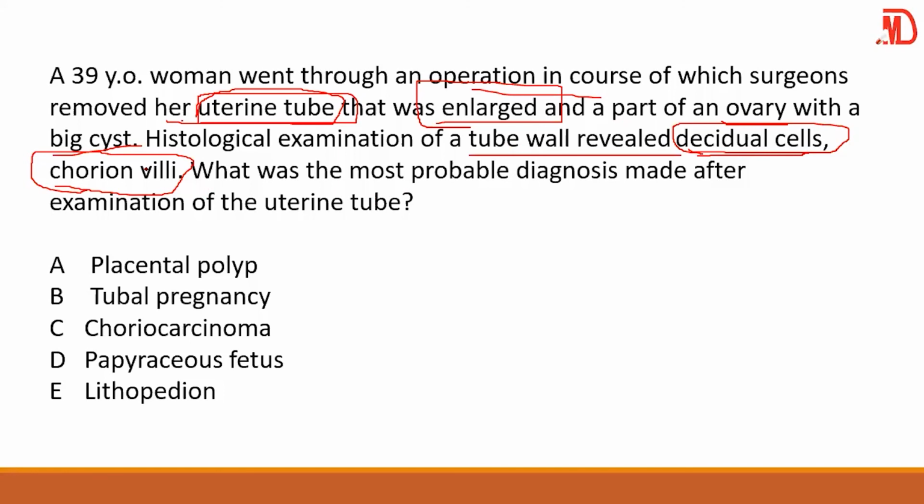This means that there was an implantation of pregnancy inside the tube. And that term is called tubal pregnancy or ectopic pregnancy. So here we are thinking of ectopic pregnancy, also known as tubal pregnancy. So your answer is B.